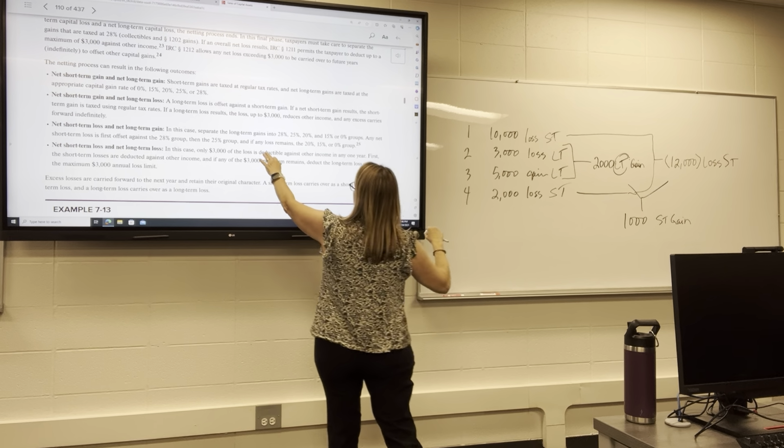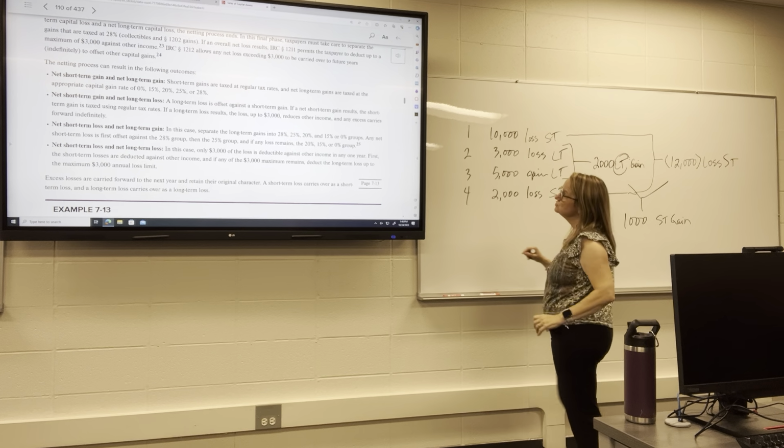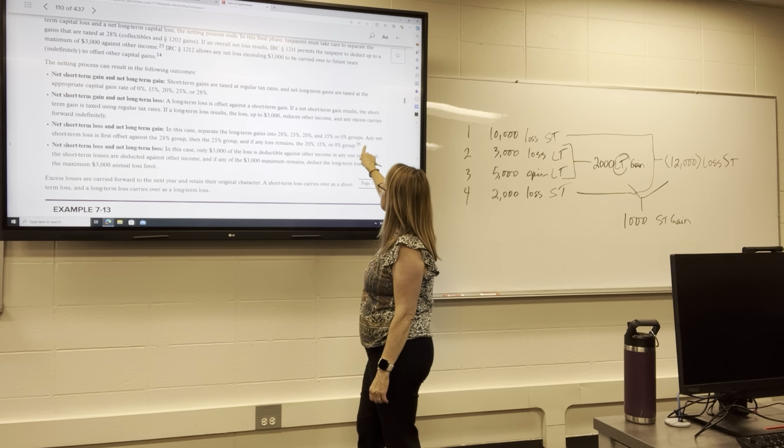In this case, you've got to separate the long-term gains into their appropriate tax brackets.